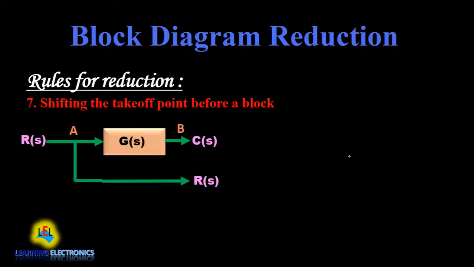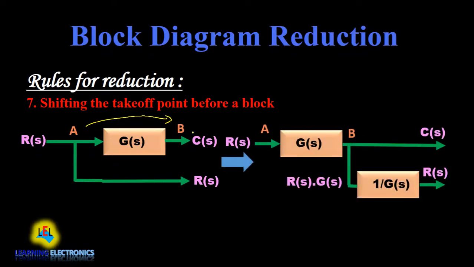So this is the takeoff point. Here, the output signal is R(s) only. When we shift this takeoff point before the block at point B, the branch output R(s) should not change. Here we can see that at point B the output will be R(s) into G(s).